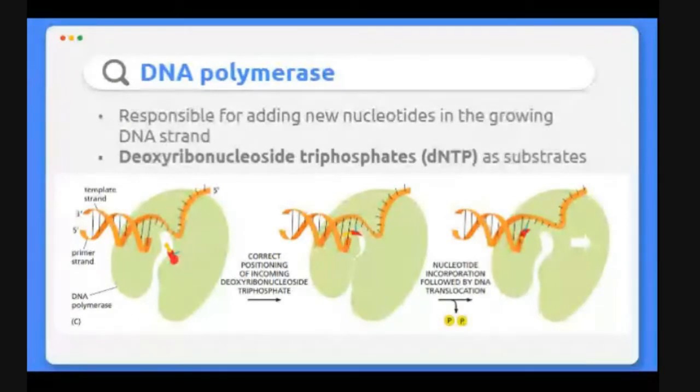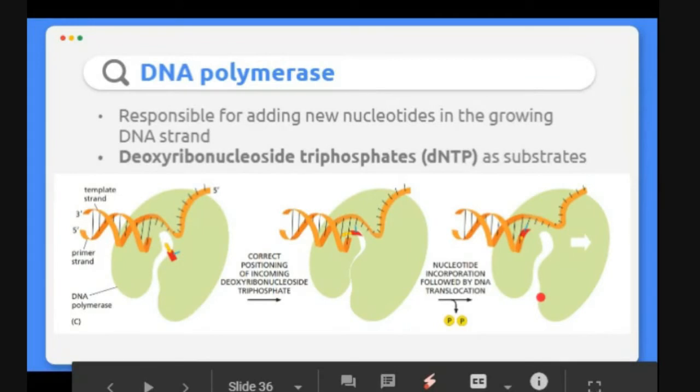Deoxyribonucleoside dahil deoxyribose yung sugar and meron kang nucleotide base, itong maliit na blue. So, yun lang yung meaning behind the name. Now your DNA polymerase adds your deoxyribonucleoside triphosphates in the growing DNA strand. So, nag-grow yan.